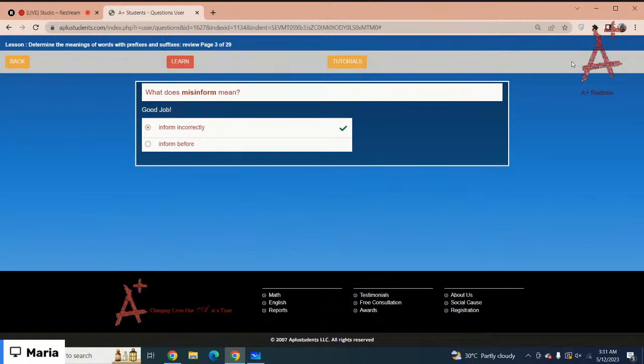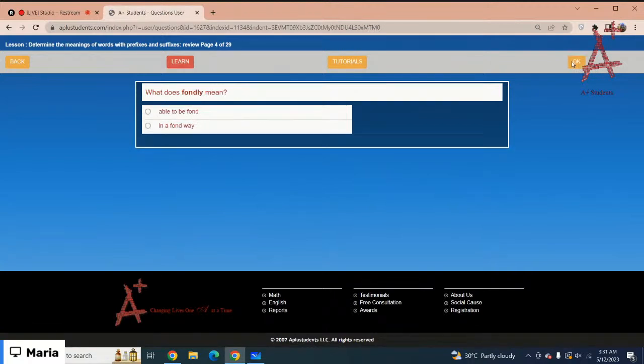Inform incorrectly. What does fondly mean? It would be in a fond way.